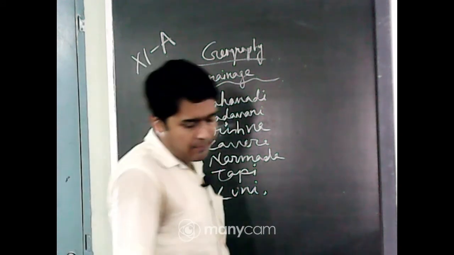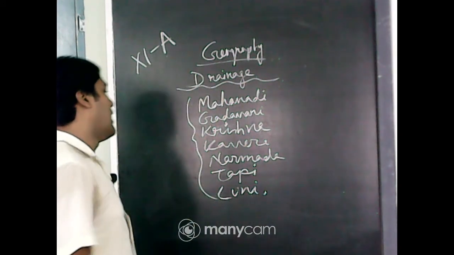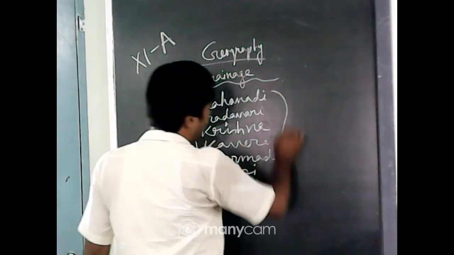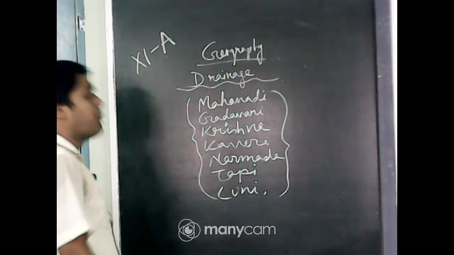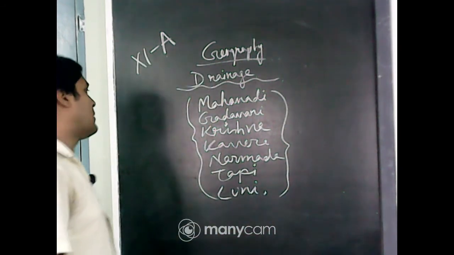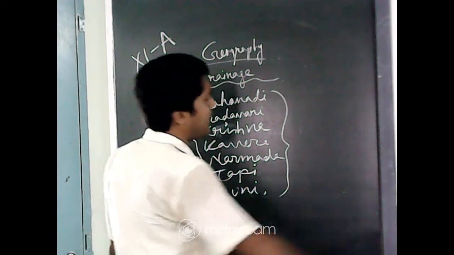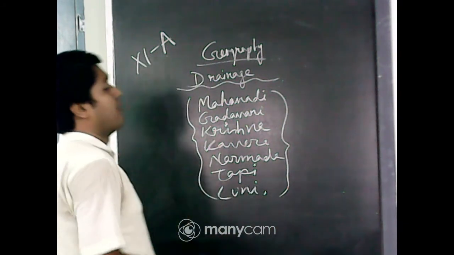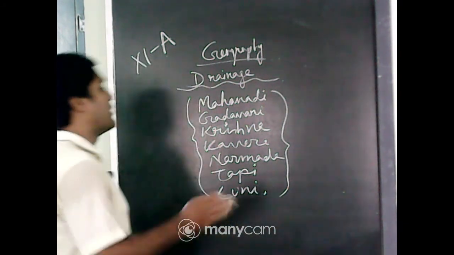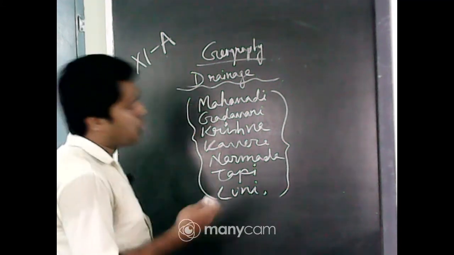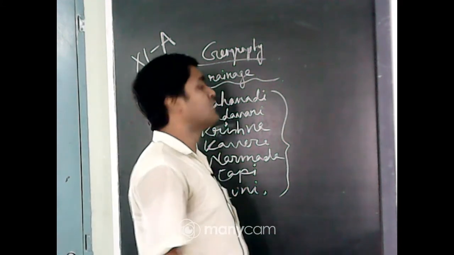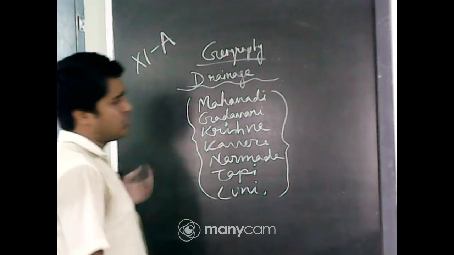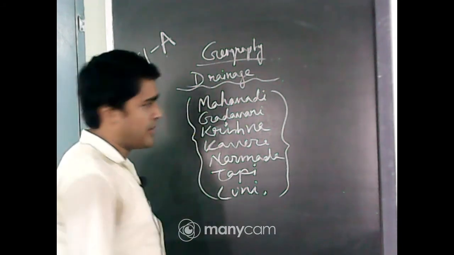These are all the major important peninsular rivers, which originate from the peninsular plateau and discharge their water into both the Arabian Sea and the Bay of Bengal, but the maximum number of rivers discharge water into the Bay of Bengal and very few meet the Arabian Sea. What is the reason? When you read about the evolution of peninsular drainage, the third point is very important.